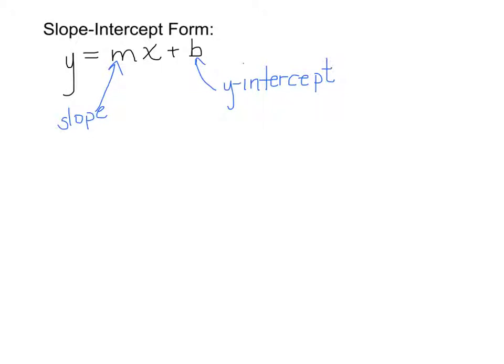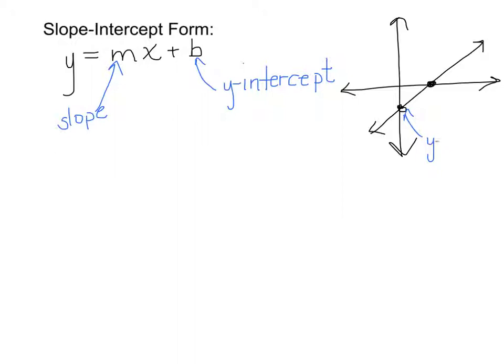And you're going to notice when we're graphing, we actually have a y-intercept and an x-intercept. So in this graph, this will be your y-intercept. And where it crosses the x-axis, that's your x-intercept.